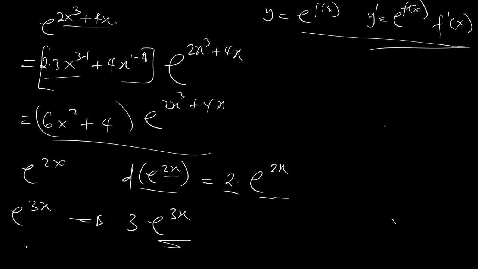Now the next one is e to the power x cubed. If you want to do it, we're still going to use the same principle, where you say the derivative of e to the power f is f prime e to the power f.